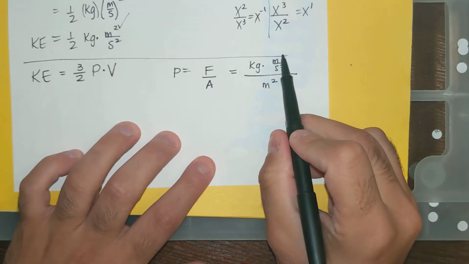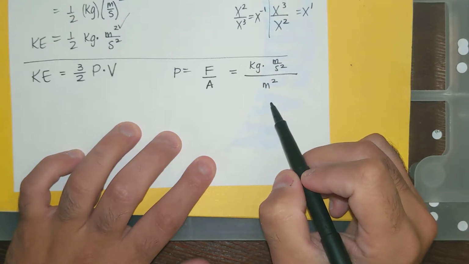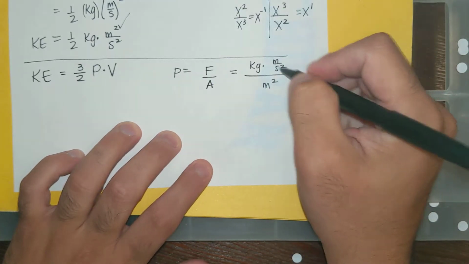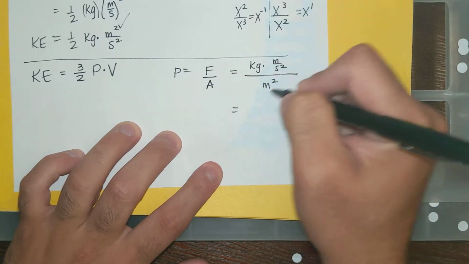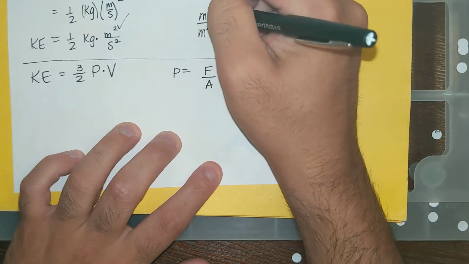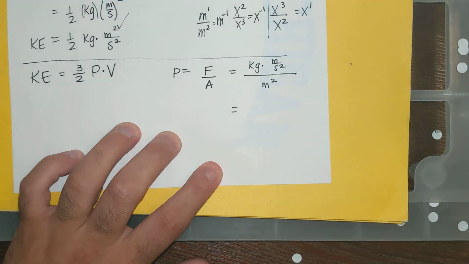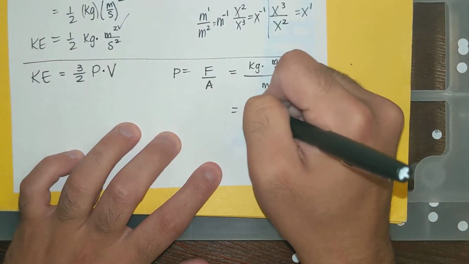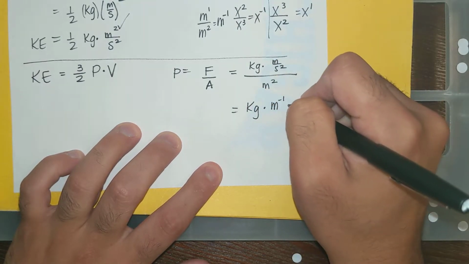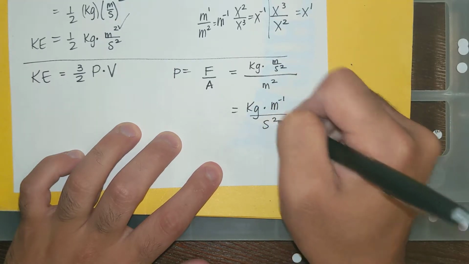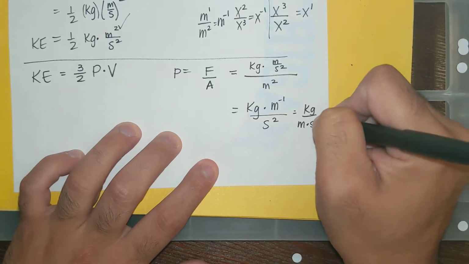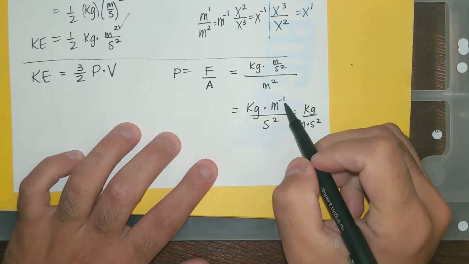Over here, I have meters on top and meters squared on the bottom. If I want to combine these two, pressure equals force over area. Meters over meters squared is 1 minus 2, meters to the minus first. So I'm going to get kilograms times meters to the minus first over second squared. This is the same thing as kilograms over meters times seconds squared.